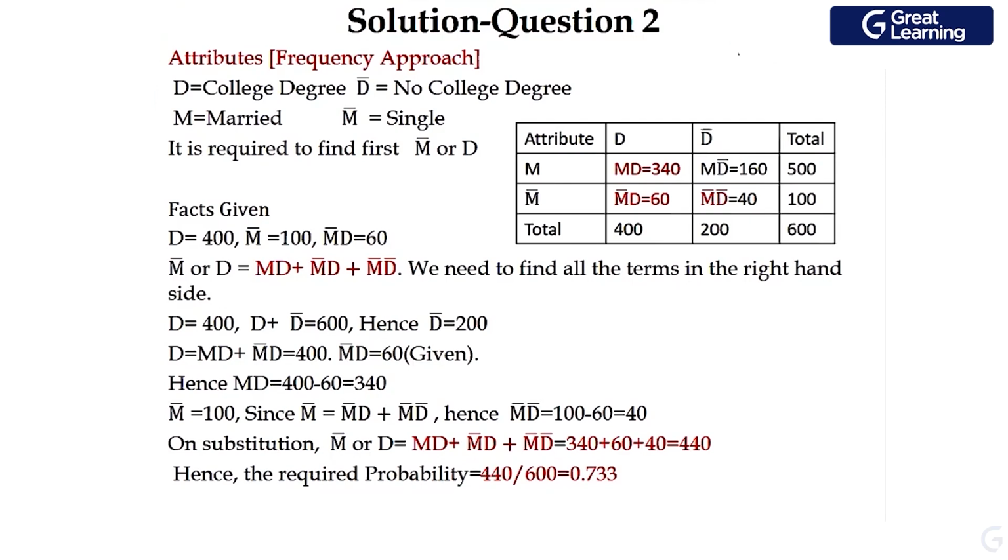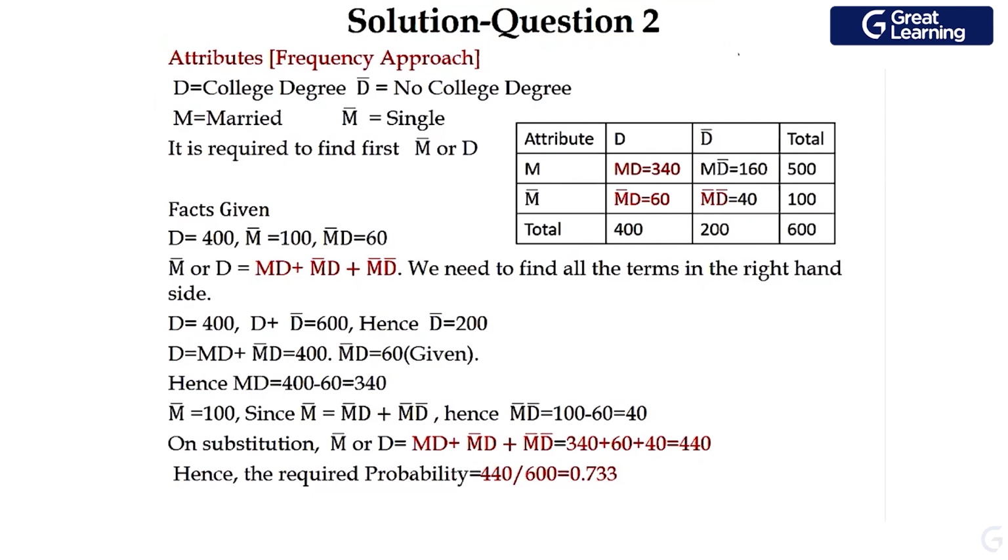I am not using per se a formula, but basic Boolean rules. I am constructing association attribute tables and solving it for you. So primarily, this is given 400, this is 60, therefore this is 340, this is 200, 600, this is 40, therefore this is 160. These 3 terms are all computed.